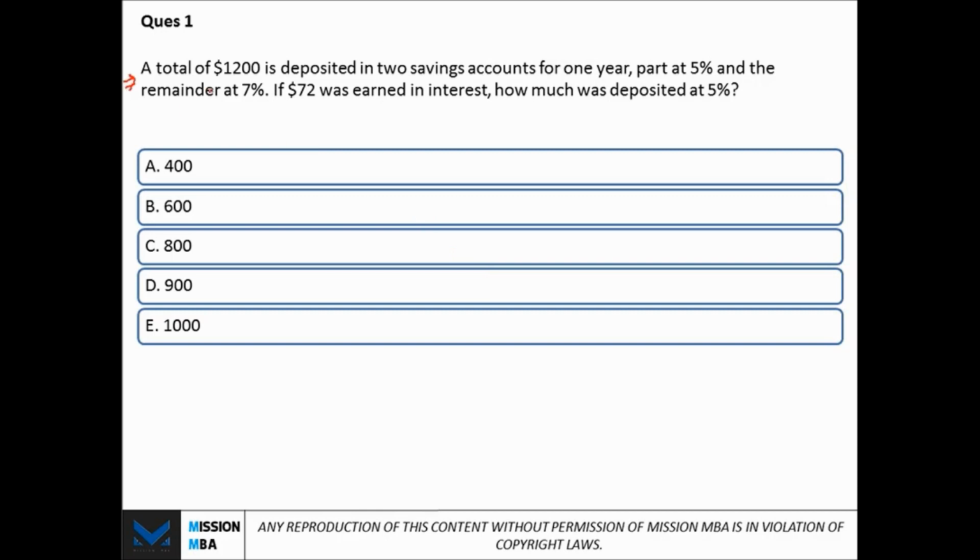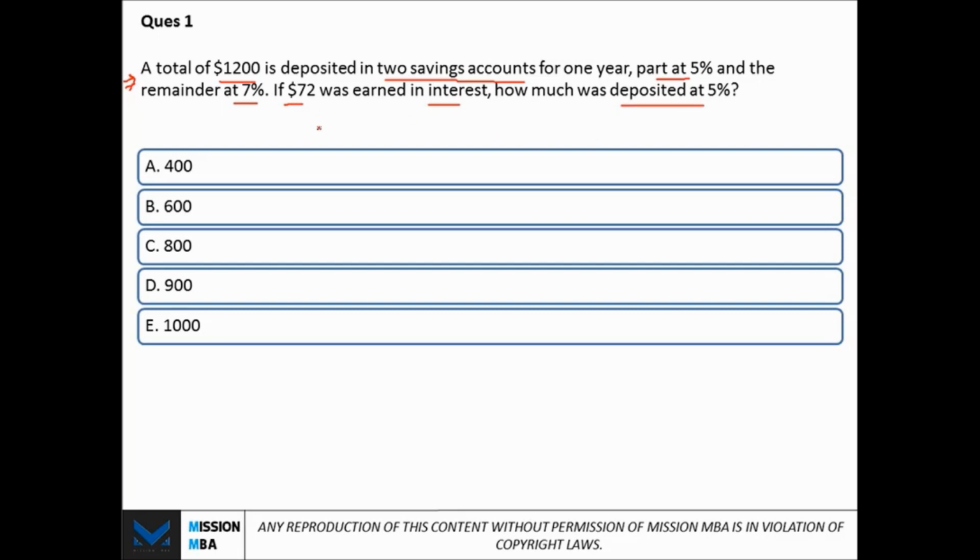So let's start. A total of $1,200 is deposited in two savings accounts, part at 5% and remainder at 7%. If $72 was earned in interest, how much was deposited at 5%?